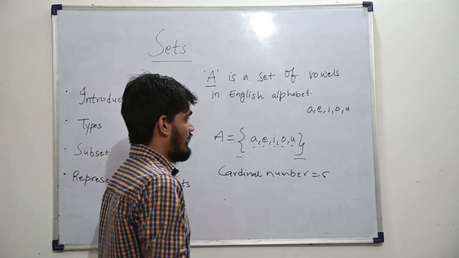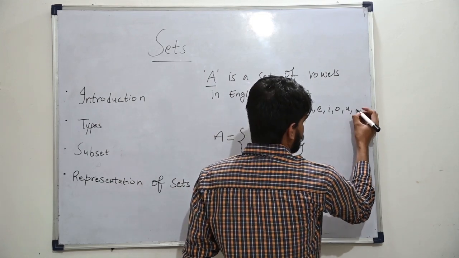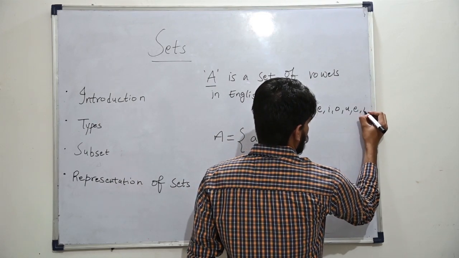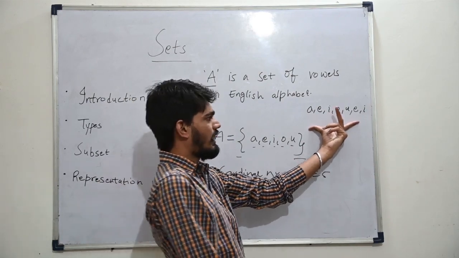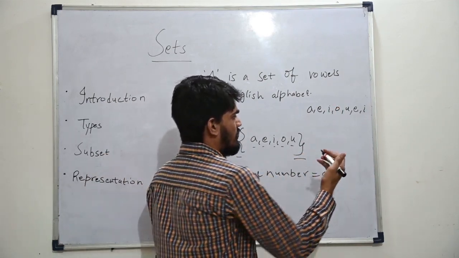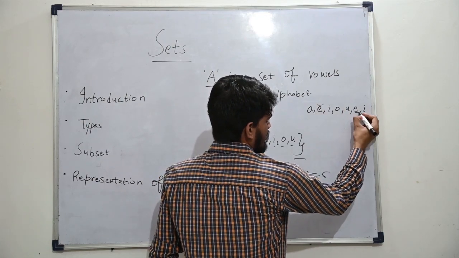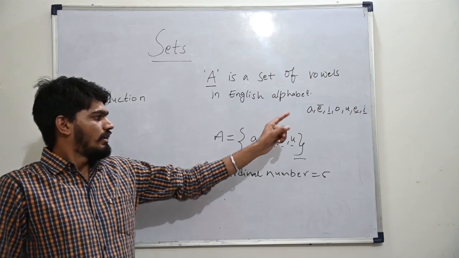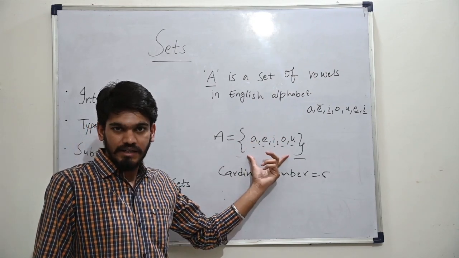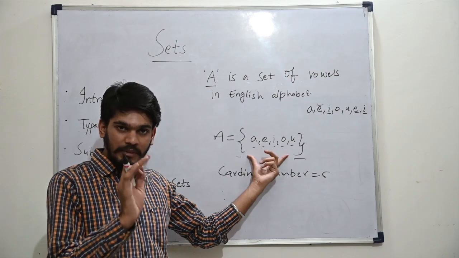Now one special property of set. Let's say for example, I have to write a set where, let's say these 7 I have, and I have to write them in a set. But I see this E and I are getting repeated. When I'm going to write a set, the elements of the set are never repeated.